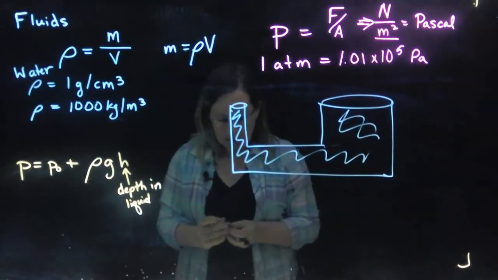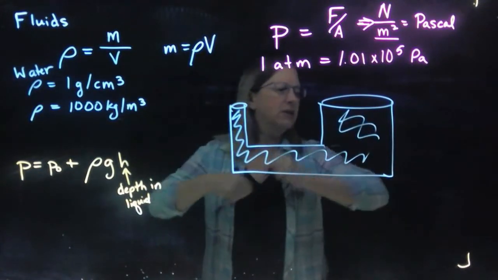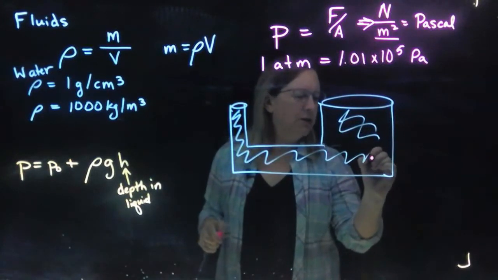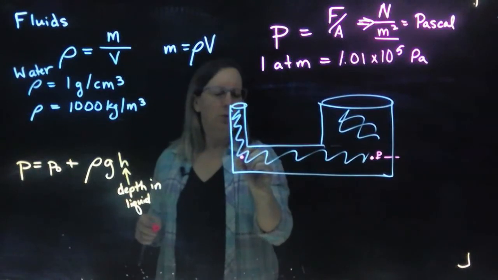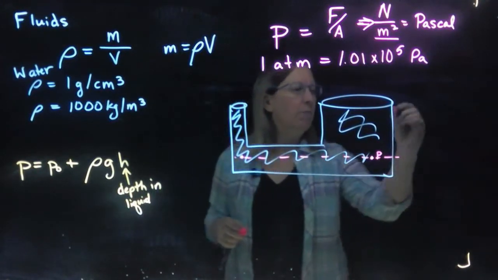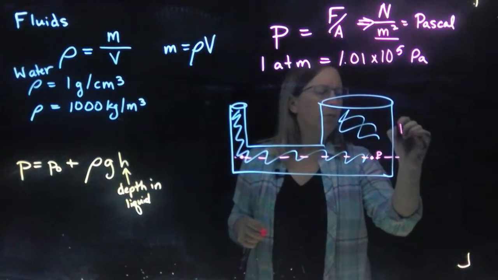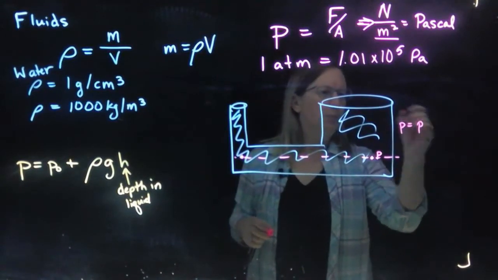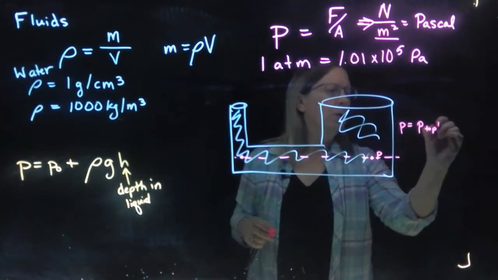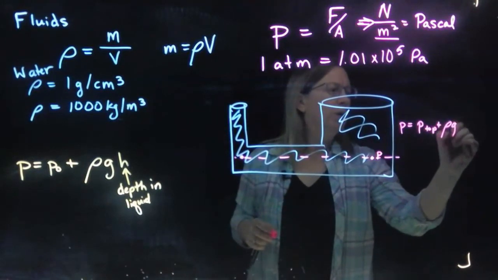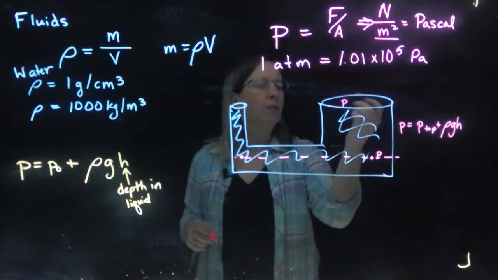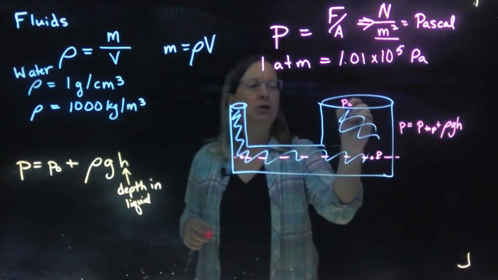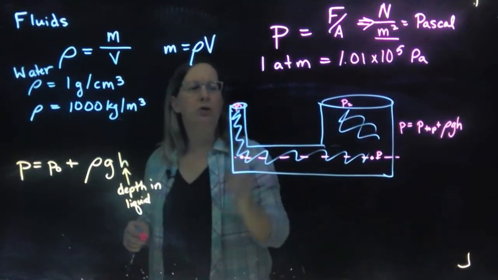And the point of this is that if this is a liquid, then the pressure at this point, at this height, the pressure here is equal to the pressure at this point. And both of them have a pressure that's equal to the pressure at the top plus rho g h, the same thing we found before. So that says the pressure on this platform, P2, is equal to the pressure on that platform.